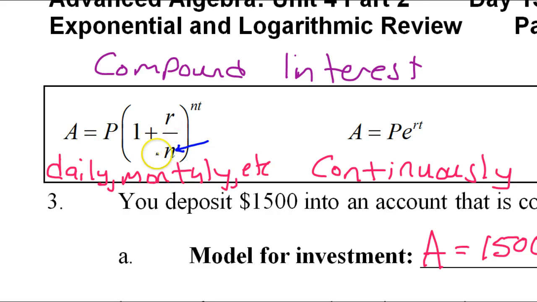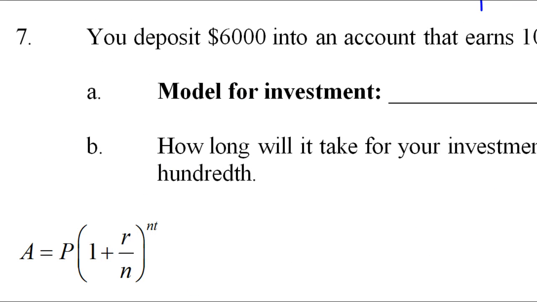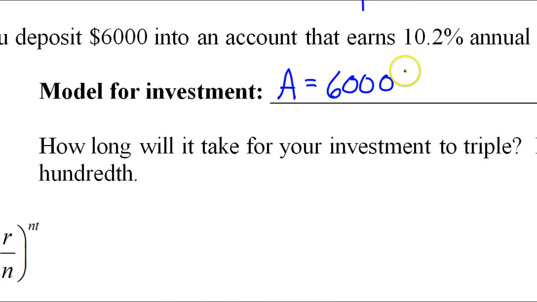So we're just going to do this model. Keeping an eye on this model, the $6,000, that's the initial investment. That's called the principal. That's P. So our amount sometime later is going to be 6,000 times 1 plus the rate over the number of times a year that we compound.